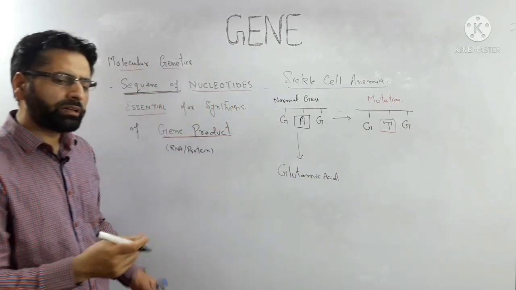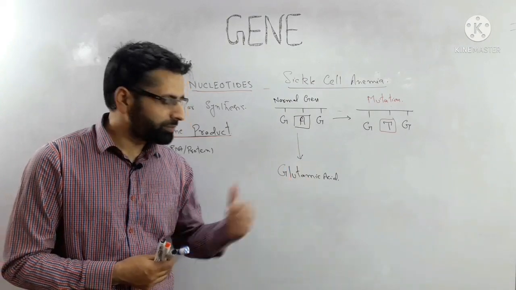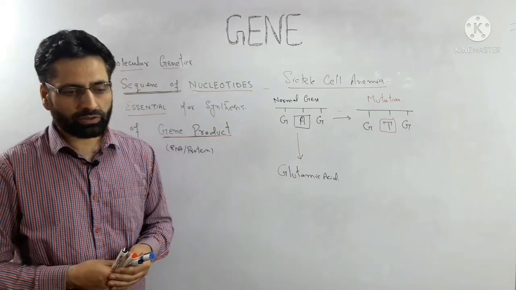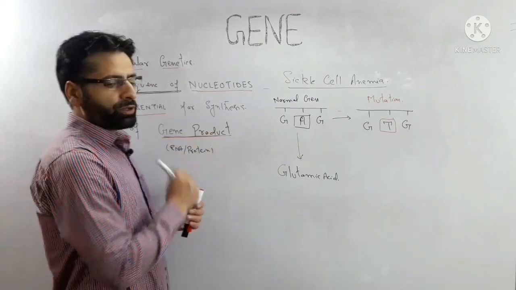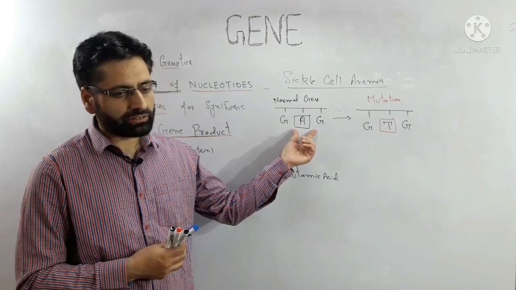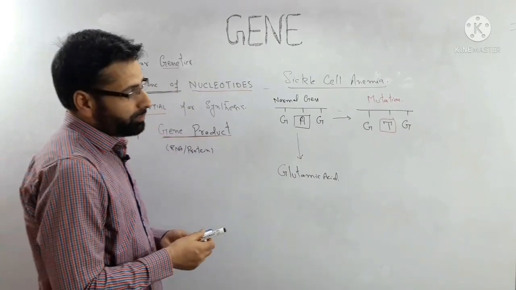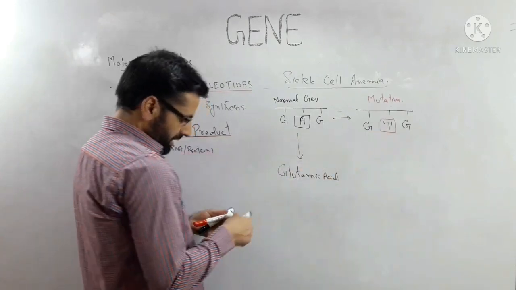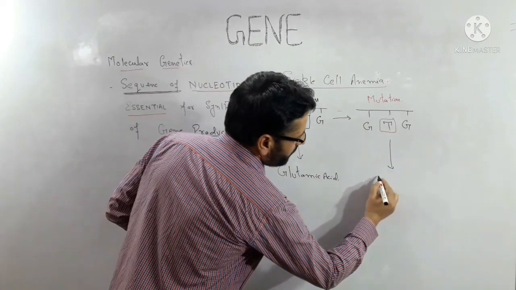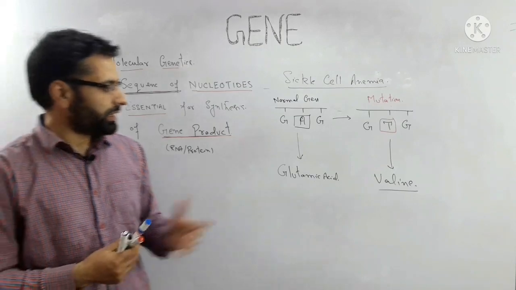This is the normal hemoglobin gene. At the 6th position, we have this glutamic acid, and we have a sequence like this: guanine, then adenine, and guanine. Now, a point mutation occurs, that is, a single nucleotide is changed here, and it forms this thymine. Now, when this thymine is introduced here, after translation it will form valine.